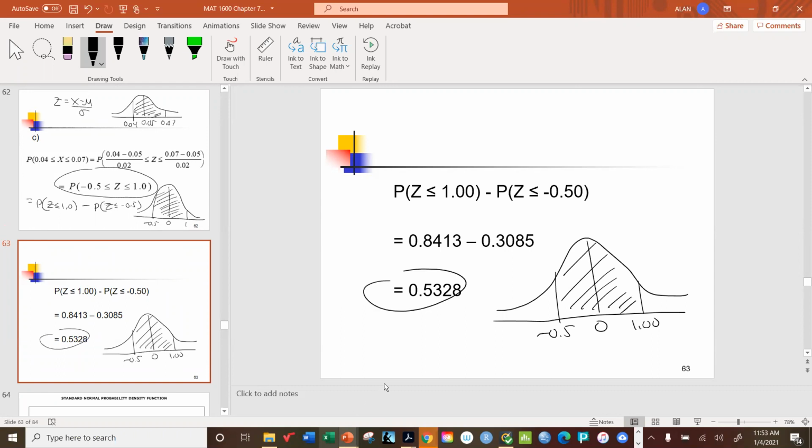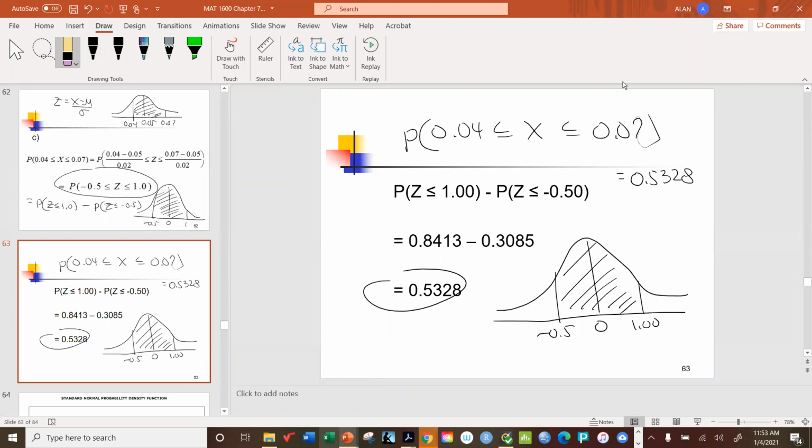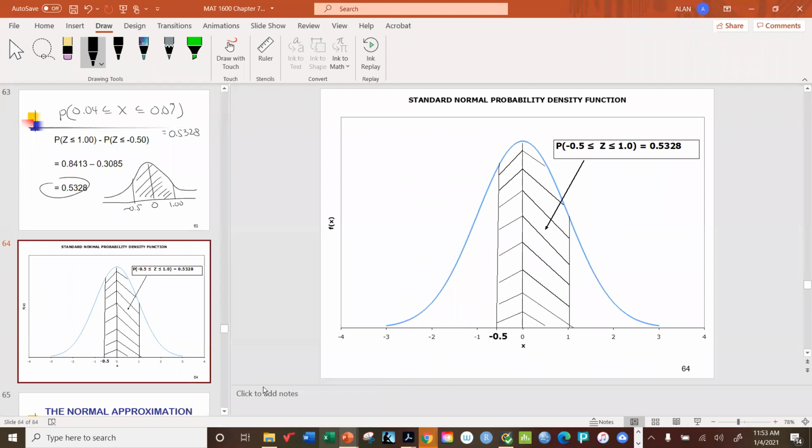Okay, and this is the probability that our actual returns are between 4 and 7%, which is what we're really after. All right, and then of course the graph is right here. It's between -0.5 and +1, and it works out to about 0.5328.